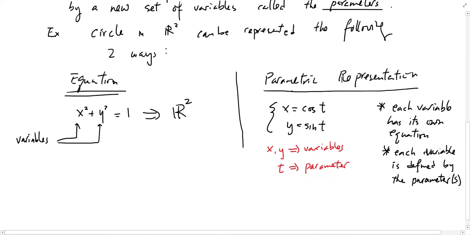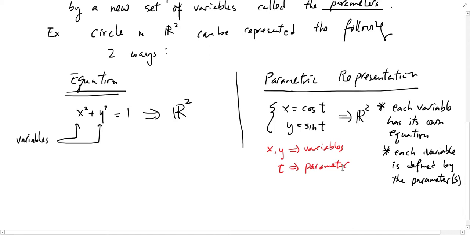But no, the problem is we also refer to this as in R2. Because in this scenario right here, only x and y are considered variables. t, even though it behaves like a variable, we actually don't want to count it as a variable, which is the reason why mathematicians refer to this t not as a variable but as a parameter.